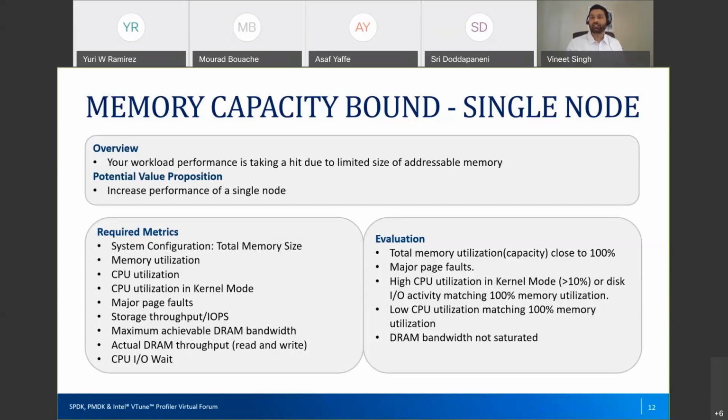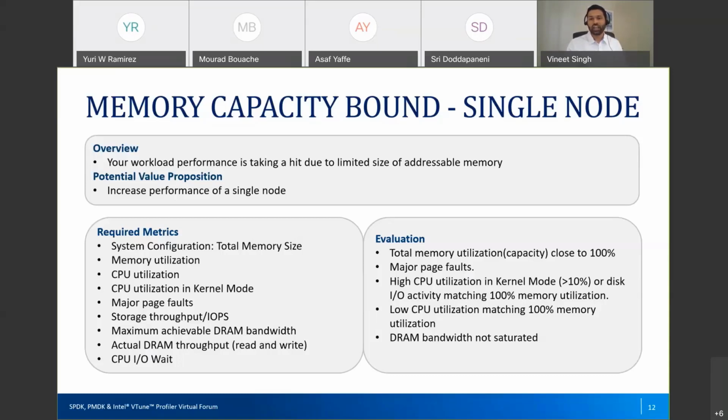Disk activity will start happening because you are swapping and using the disk. So you need to correlate wherever there is disk activity or high CPU utilization in kernel mode to high memory utilization. If that's happening, you are swapping to the disk. And the next step is to find out whether you are taking a performance hit because of this swapping behavior.